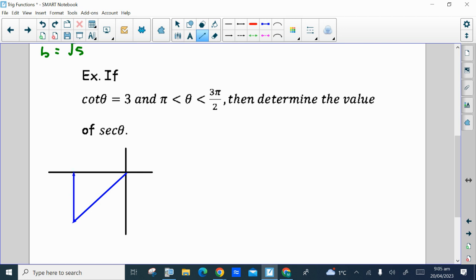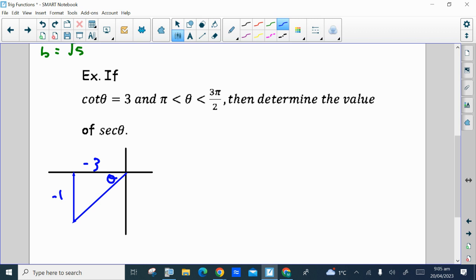We always draw a line perpendicular to the x-axis. Theta, the reference angle, is always between the terminal arm and the x-axis. And in this case here, we're told the cotan is 3, which means the tan is 1 over 3, the reciprocal. And tan is opposite over adjacent.